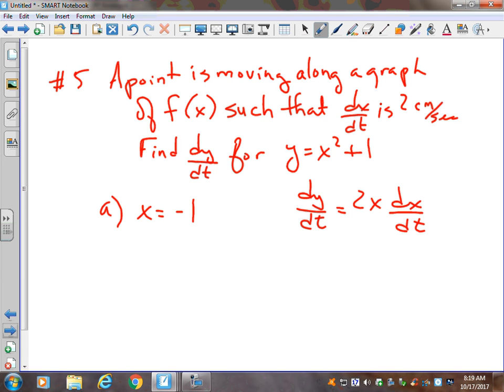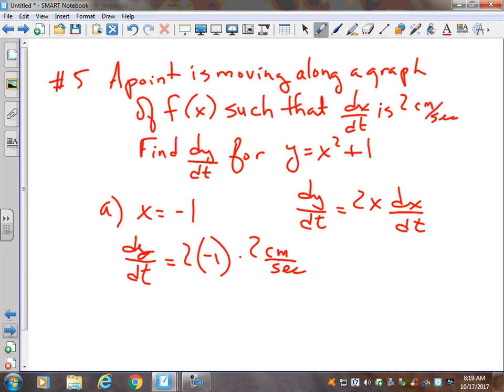Now we can plug in what we know. dy over dt, whoa, that's a bad y, is equal to, it says 2x, so we're going to multiply 2 times the x value of -1 times the 2 centimeters per second.